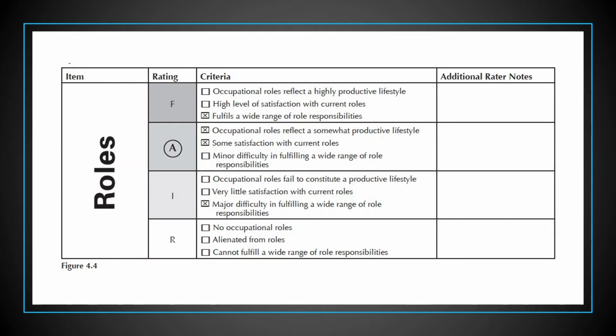So some of these may seem like they contradict, but that's all based on your clinical judgment and your interpretation of what's going on with them, and that person was marked as an allow. So you can see here that they have a marking in the criteria, an F for facilitates. They have 2 in allow or A, and they have 1 in inhibit. So you can do this. And then on the right, it says additional rater notes, or it will say comments, and that's where you justify what's going on.